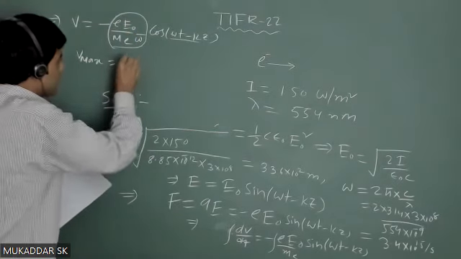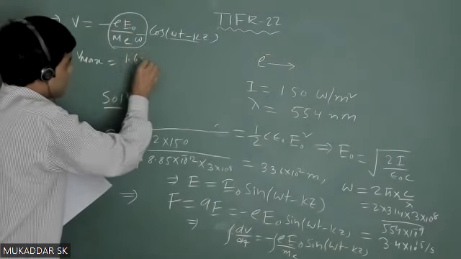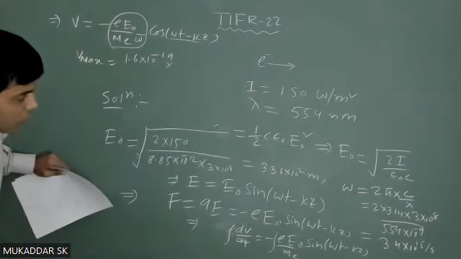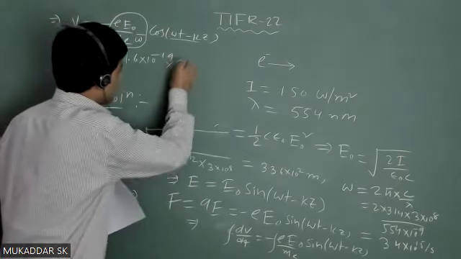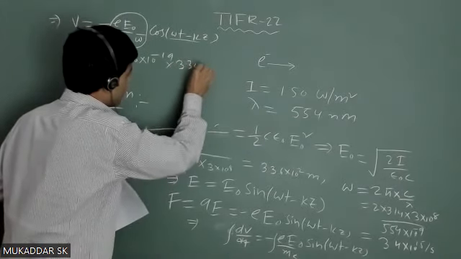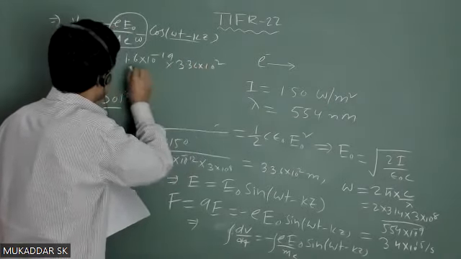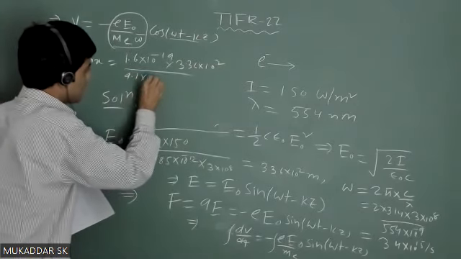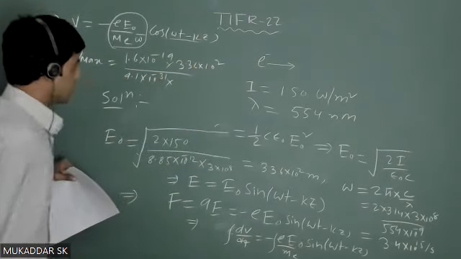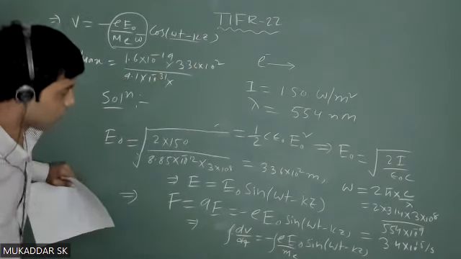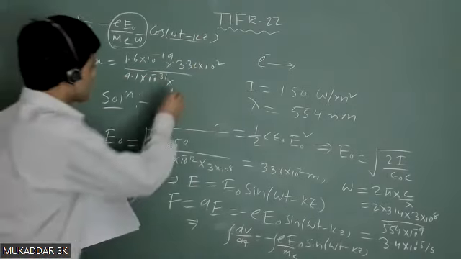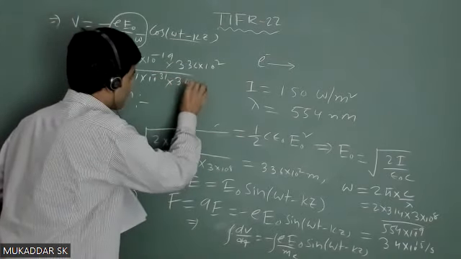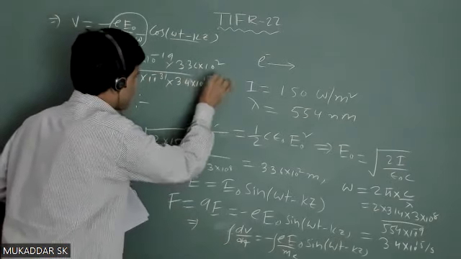So this will be the electronic charge 1.6 into 10 to the power minus 19, then E naught that we have calculated, 3.36 into 10 to the power 2, divided by the mass of the electron, 9.1 into 10 to the power minus 31 kg, then omega, which we have calculated as 3.4 into 10 to the power 15.